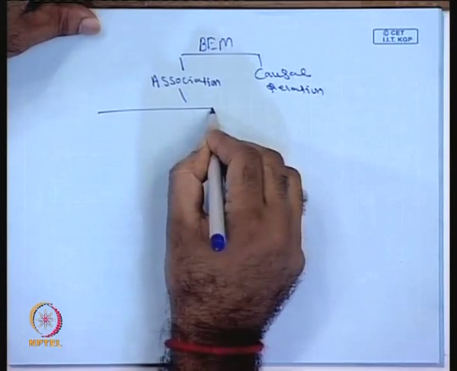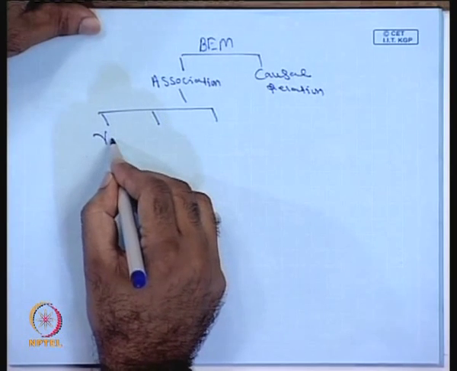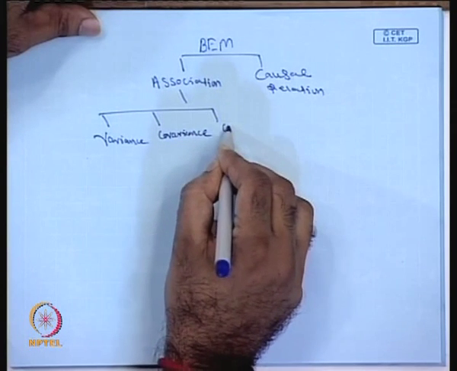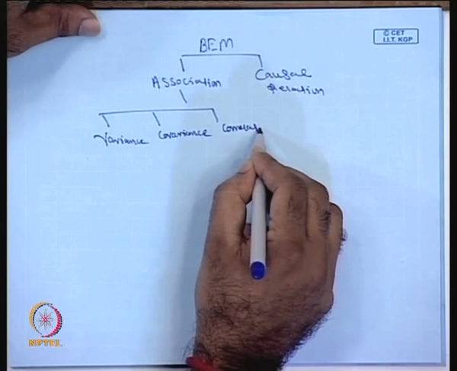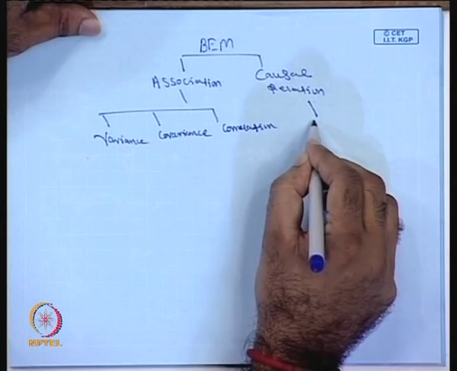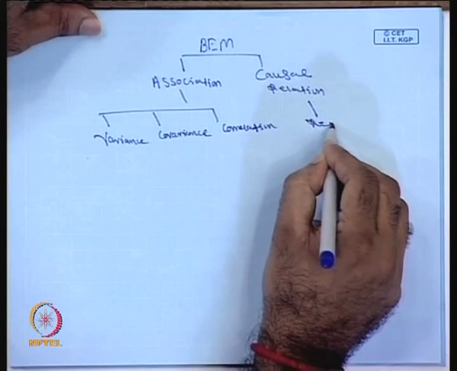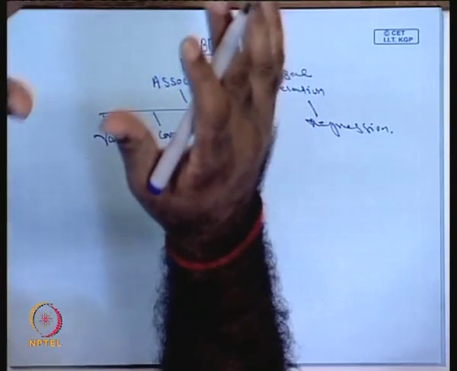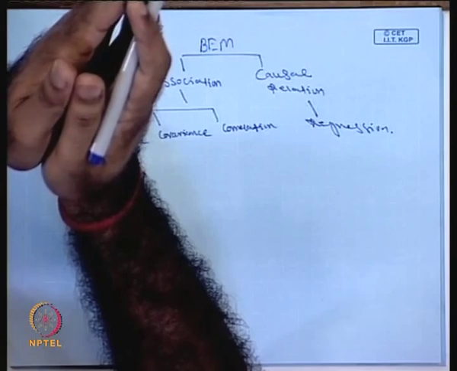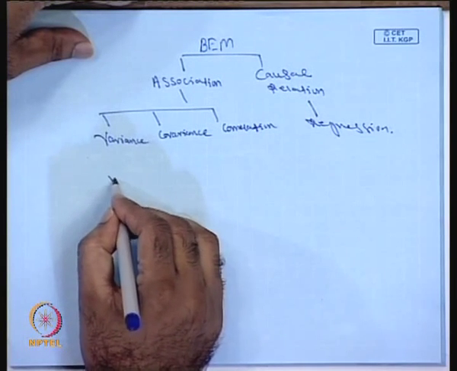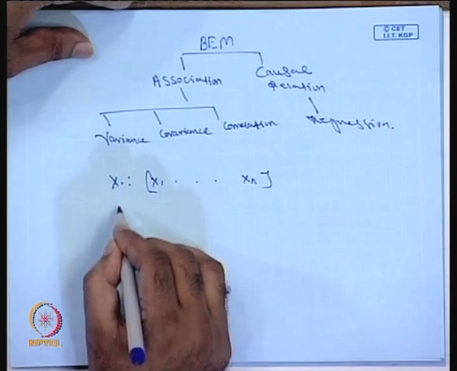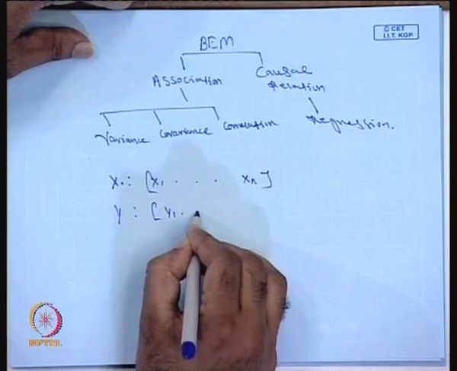We have standard techniques called variance, covariance and correlation, and here the standard technique is called regression. The starting point of this structure is that the system must have two variables. So, let us take two variables here: X represents x1 up to xn and Y represents y1 up to yn.